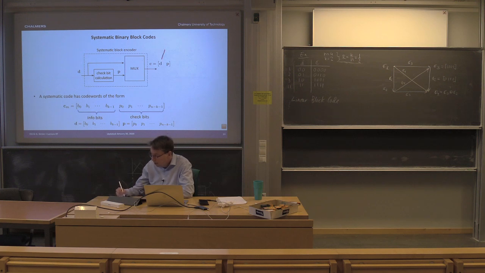So D here is our k input bits, and P is our n minus k parity bits as they are known. So the code word consists of the input plus some check bits or parity bits. We have k input bits, and therefore we have n minus k parity bits, like this.